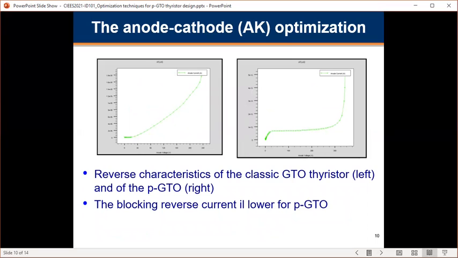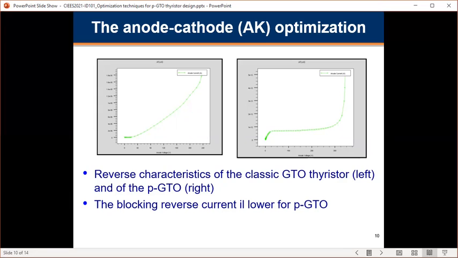Regarding the maximum voltage for anode-cathode terminals, we have in these figures the reverse characteristics for the classic GTO to the left and for the new P- GTO to the right. We can see two things here.